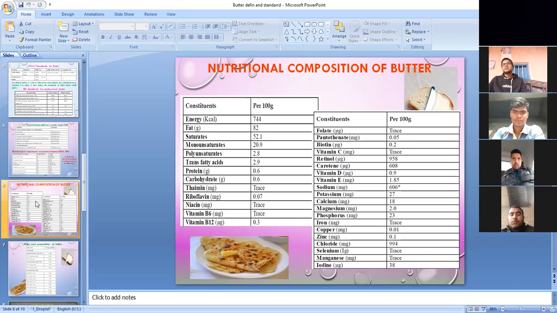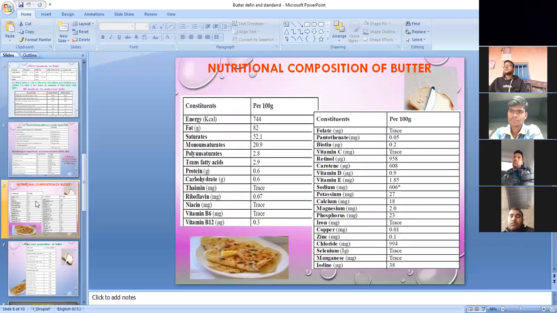And when we see the other minerals and vitamins per 100 gram of butter, we can observe that most of the vitamins and minerals are somewhat present in the butter. Suppose carotene 608 microgram, vitamin D 0.9, vitamin E 1.85 milligram, sodium 606.